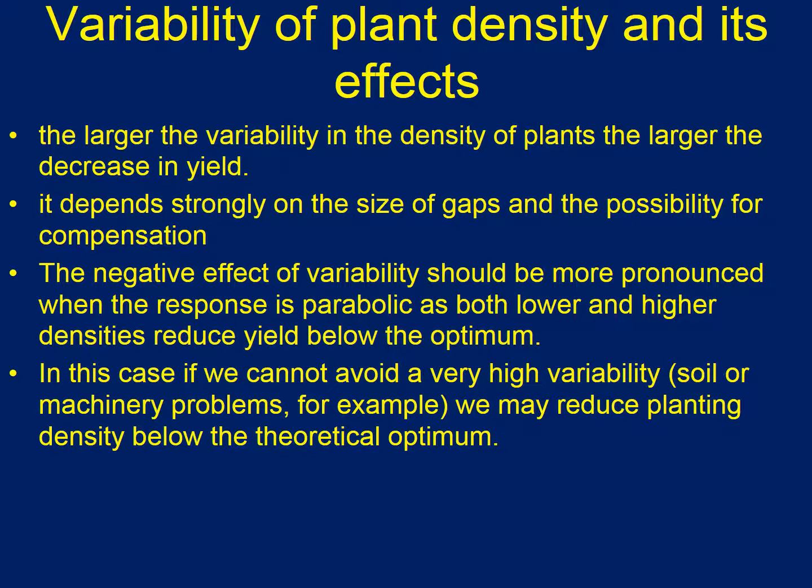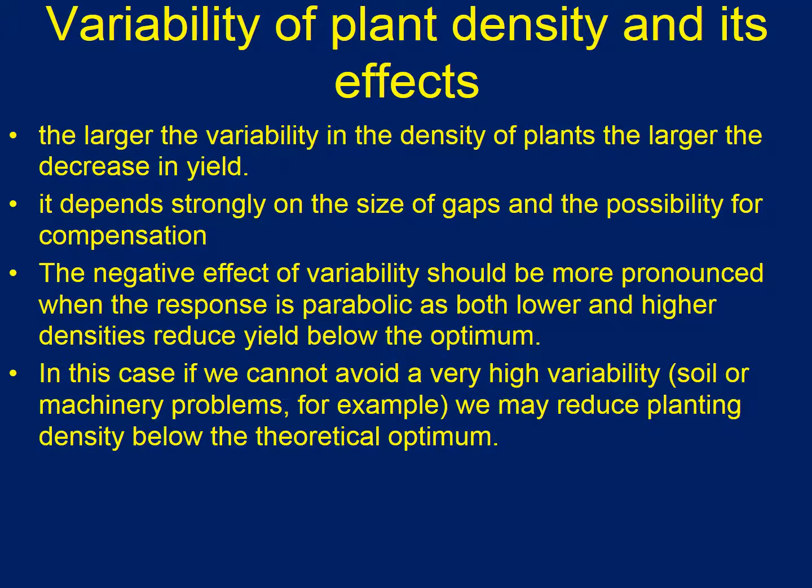There is also an interesting effect of the variability in plant density. So we have places in the field where the planting density is higher and areas of the field where planting density is smaller. Well, the idea is that the larger the variability in the density of plants, the larger the decrease in yield. So variability in density of plants is undesirable in agronomic terms.